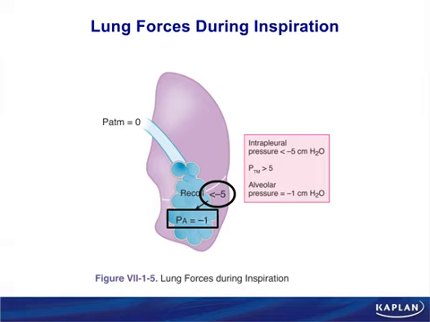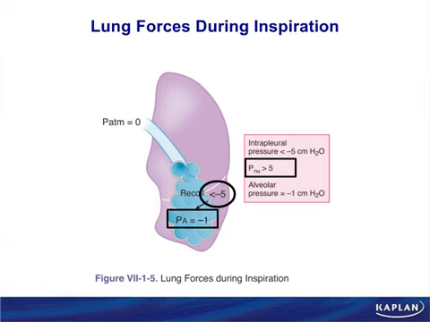Because the interpleural pressure became more negative, I now have a greater transmural pressure gradient. So if transmural pressure gradient is going up, just think about it. What happens to the alveoli? Exactly. They distend out. They expand.